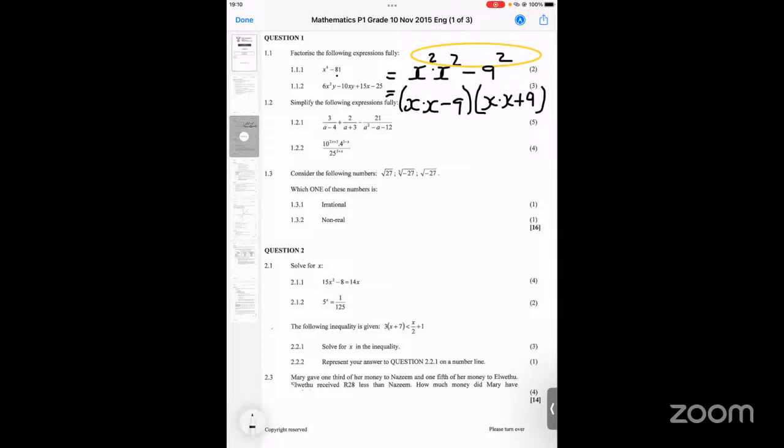So x times x, what is that, Mangliso? That is x squared, isn't it? Yes, sir. So that means it becomes x squared minus 9, x squared plus 9. That should be the end of it.